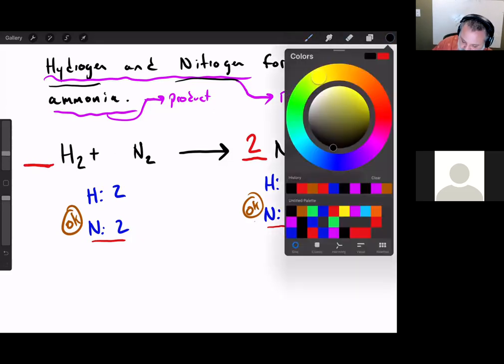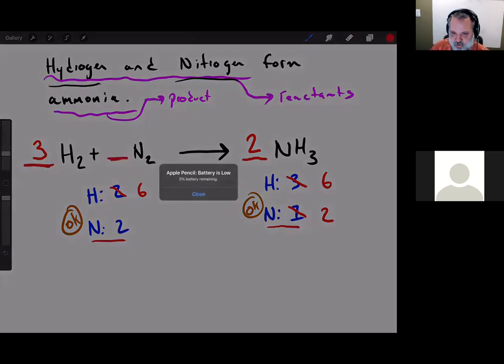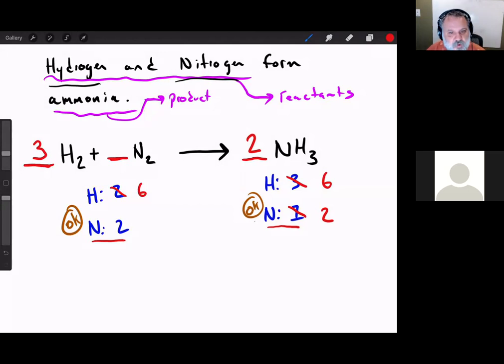Do I need to change anything for nitrogen right there? I don't need to add anything there, but what do I do here? I think you guys made some suggestions for me. If I do 3, then it changes hydrogen from 2 to 6. And now my lists are the same, and so my reaction is balanced.